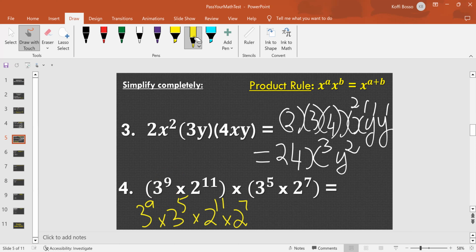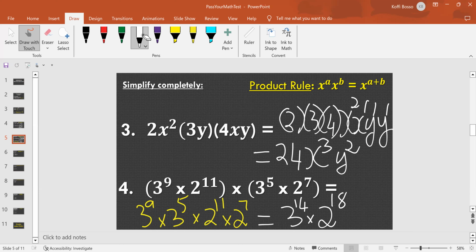Because we have 3 as the same base, our answer will be 3, and we add 9 to 5, which is 14. Power 14 multiplied by 2 raised to 11 plus 7, which is 18.